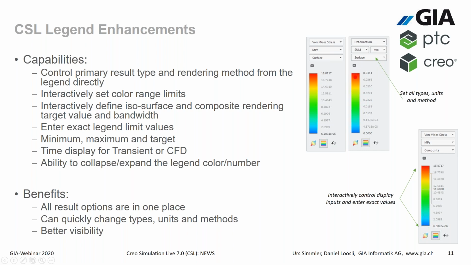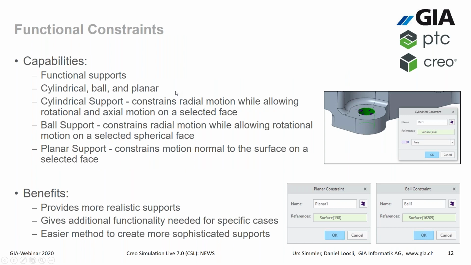Maybe if you want to change the maximum value, you can type in the value, or you just drag this line up and down, and the legend will change, or here you can reset the legend, or you can show different types of information: deformation, von Mises stress, and so on. So it's very intuitive and quite easy to learn how to handle this legend here.